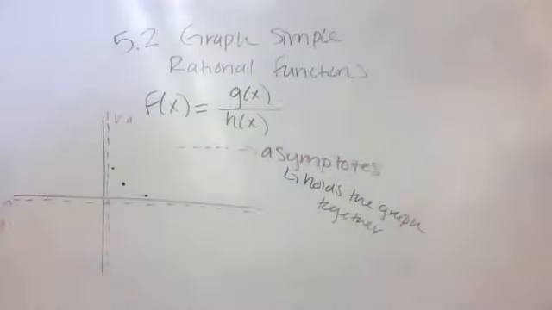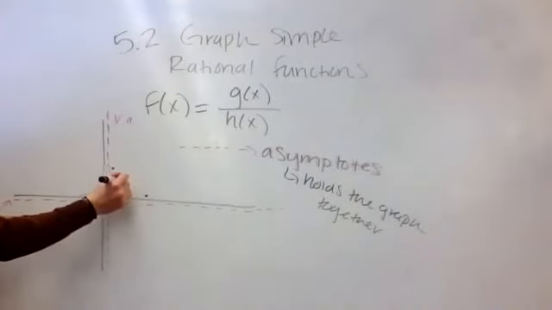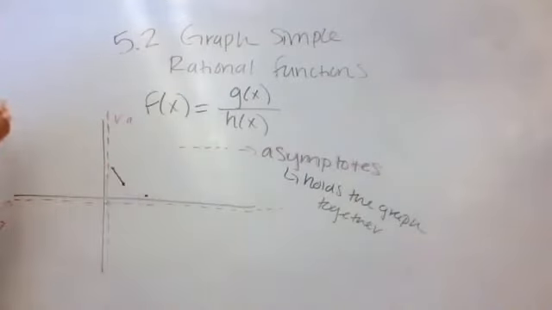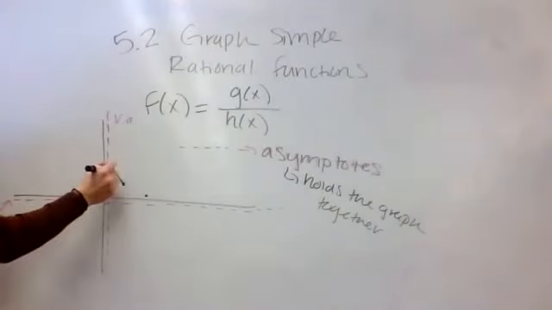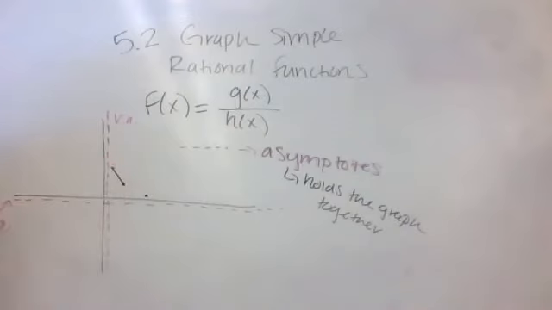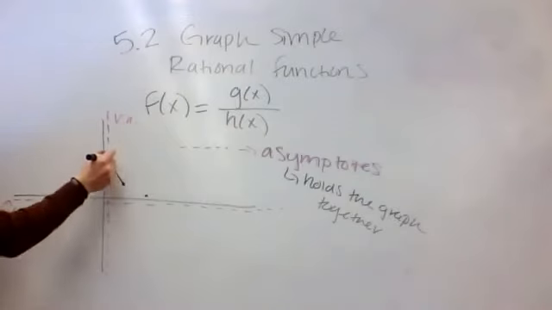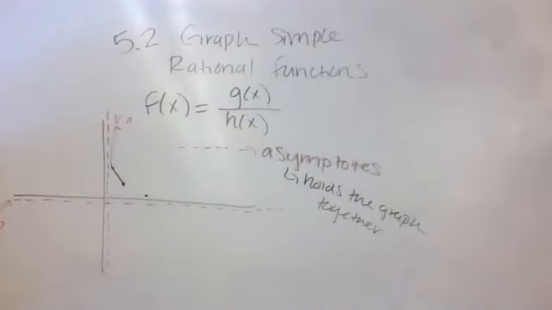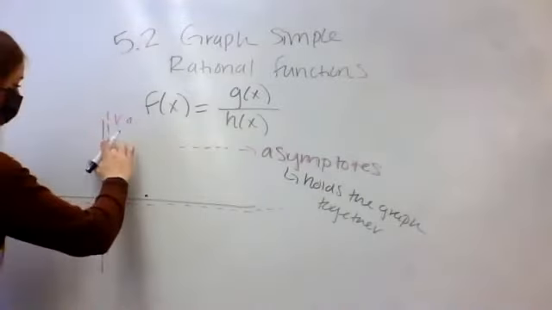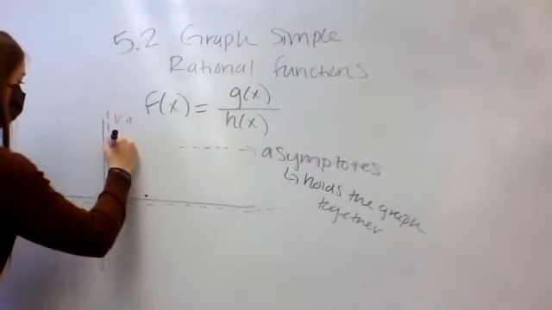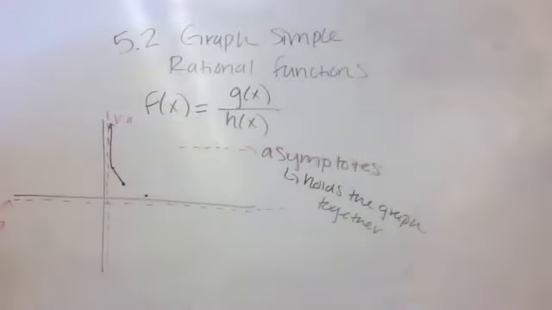So what happens is if I connect these two dots, instead of them going straight through, you can't cross an asymptote. When you hit it, you don't actually touch it. You get very, very close to it, and then you just kind of skirt up. You just keep getting closer and closer to that asymptote, but you can never touch it.